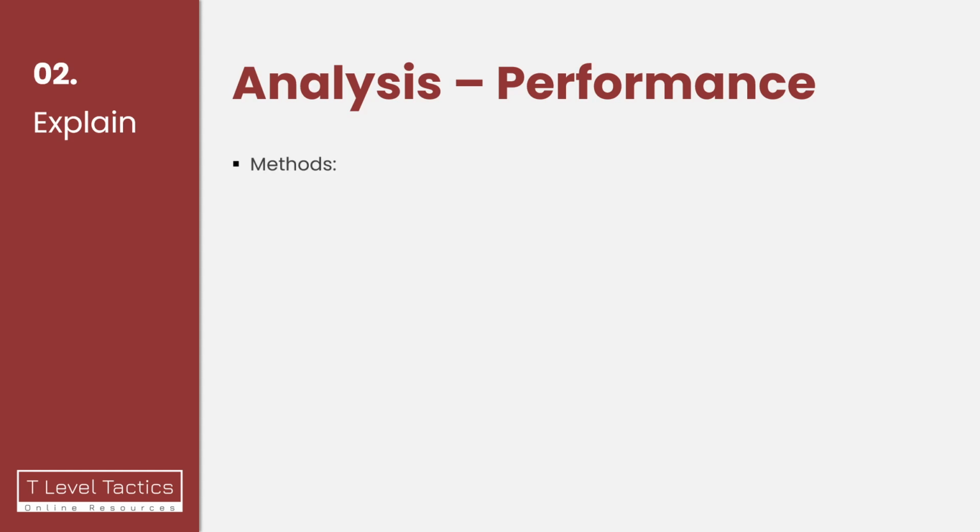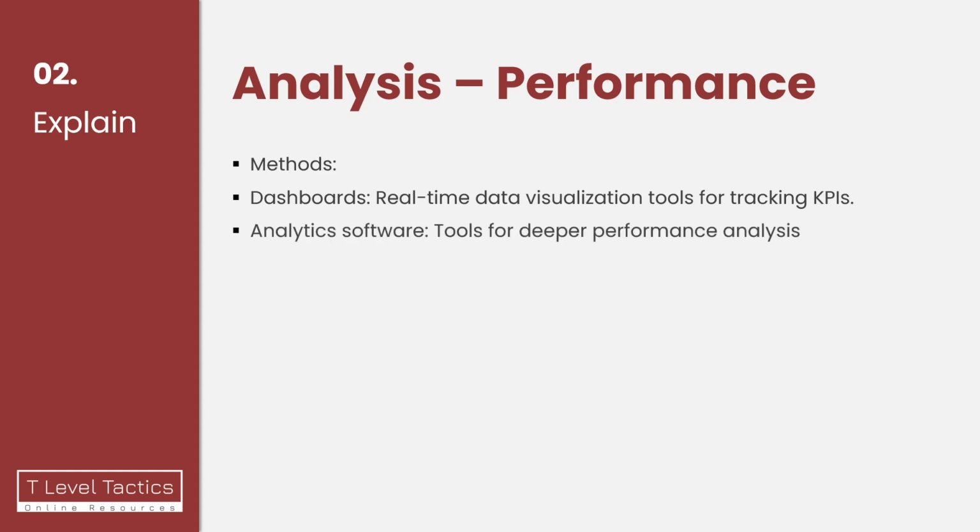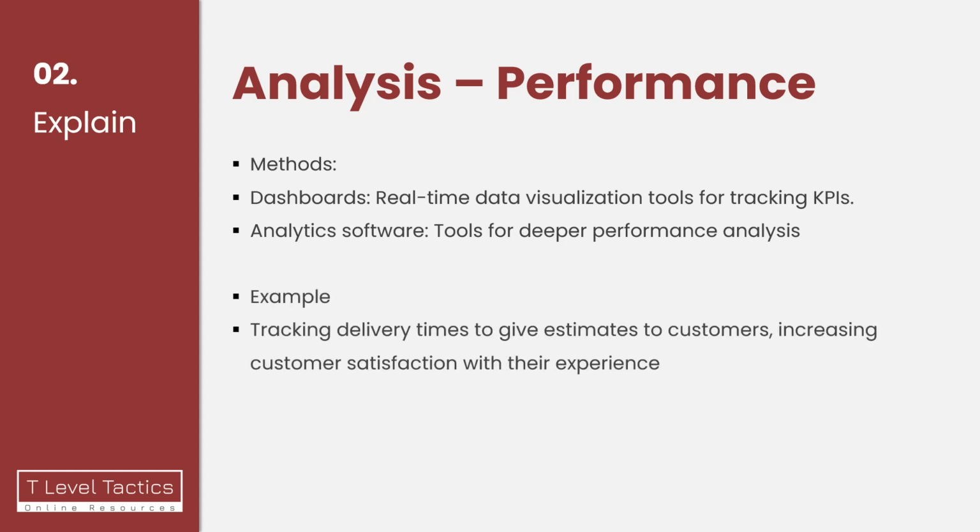We could use dashboards for this, and real-time data visualization tools for tracking different key performance indicators. We could use analytics software for deeper performance analysis as well. For example, we could track delivery times to give estimates to customers, increasing customer satisfaction with their experience.